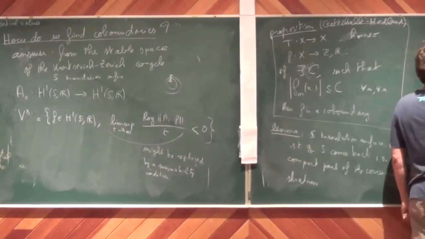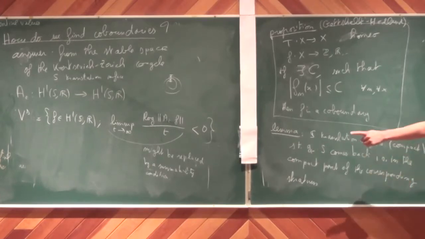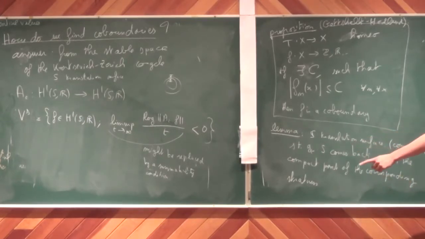Then any F in what I defined there, the stable space of the surface S, is a topological coboundary.